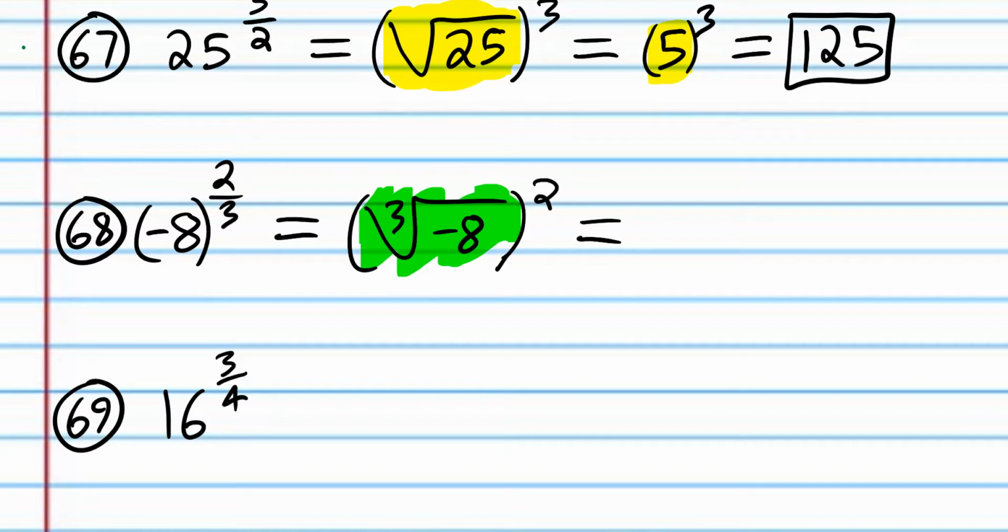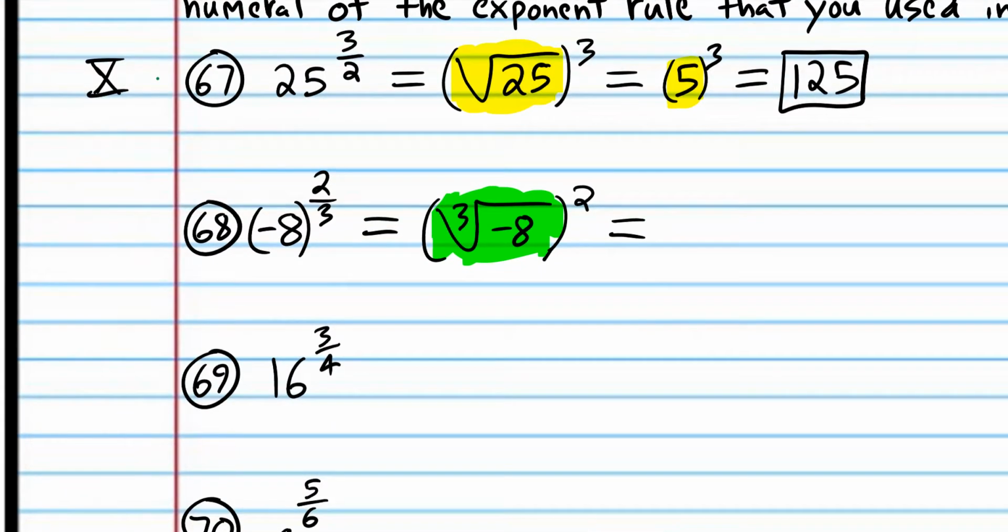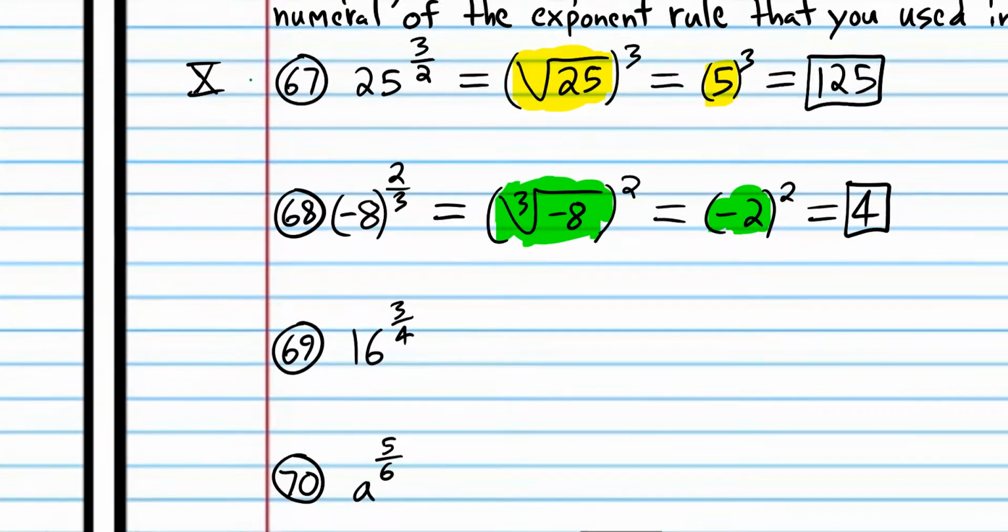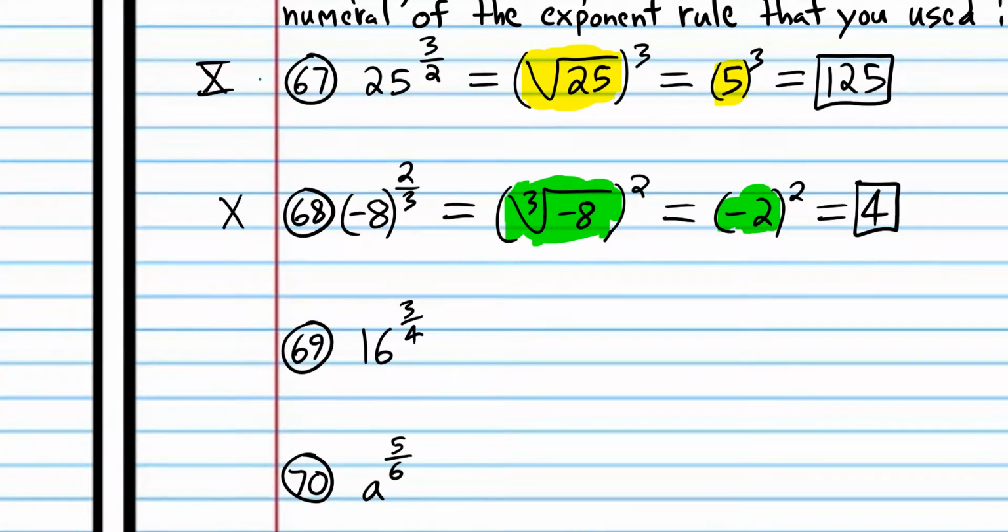So the cube root of -8: what number times itself 3 times is equal to -8? Well, that's just going to be -2. And you definitely need to keep those parentheses. And so (-2) squared is +4, and you're done. So that, again, is rule number 10.